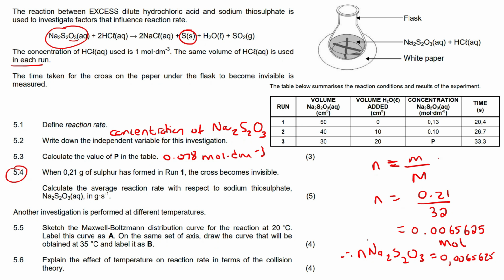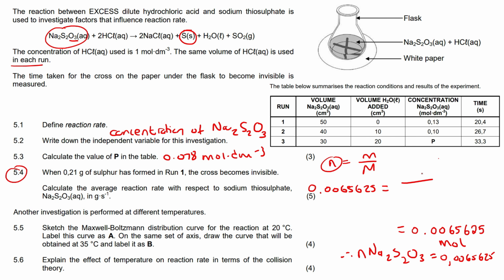So therefore, the moles of sodium thiosulfate is also going to be 0.0065625. So then we can get its mass by using this formula again, n equals m over M, but now we know the moles. Now we need to get its molecular mass from the periodic table.